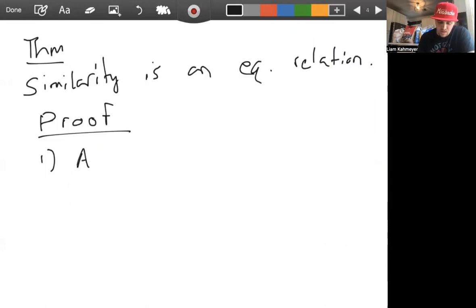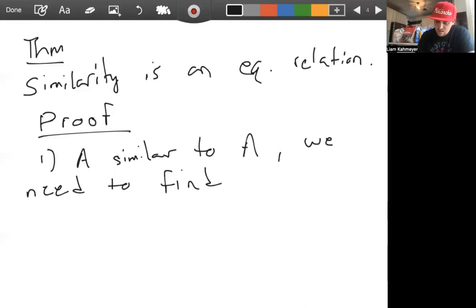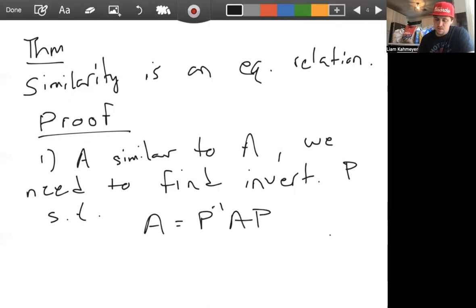What does it mean for A to be similar to A? We need to find an invertible matrix P such that A equals P inverse A P, right?